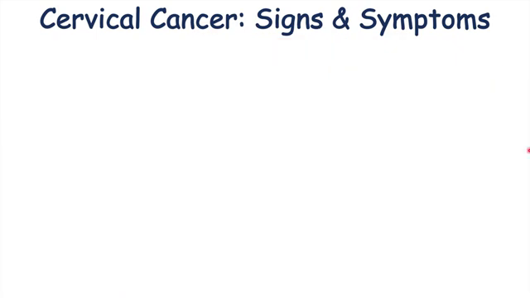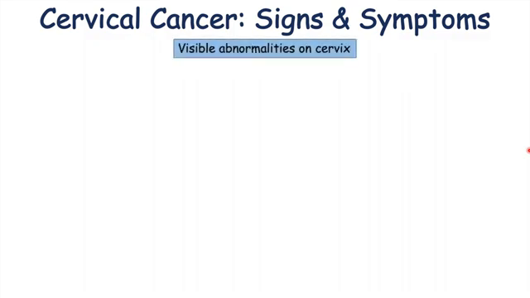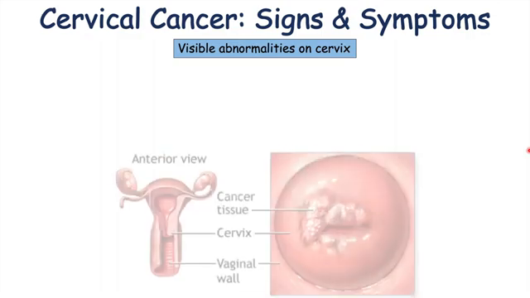And the next signs are going to be signs that are noted when a clinician actually visibly looks at or examines the cervix. So there are visible abnormalities on the cervix that can be found in patients with cervical cancer because there is a cancer that is going to be growing on the cervix.